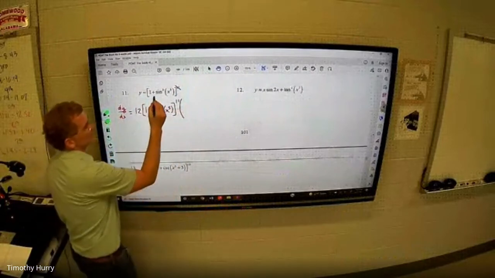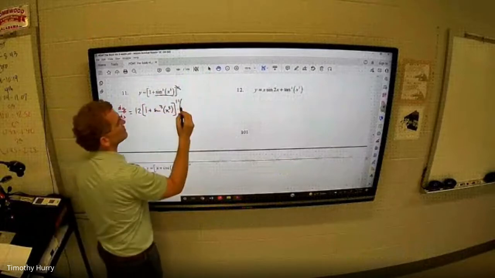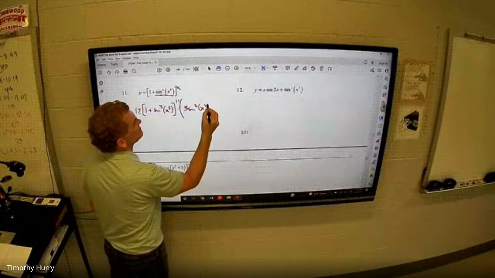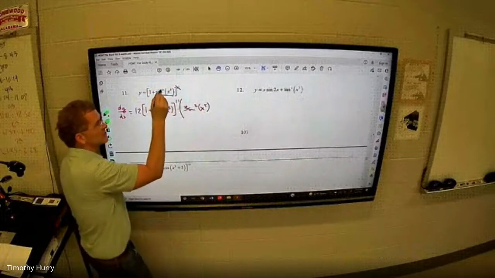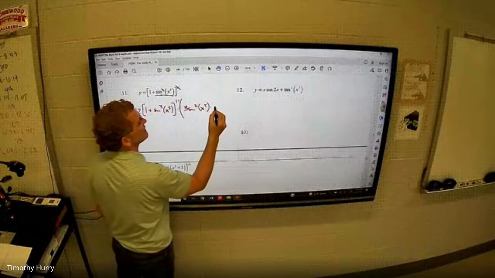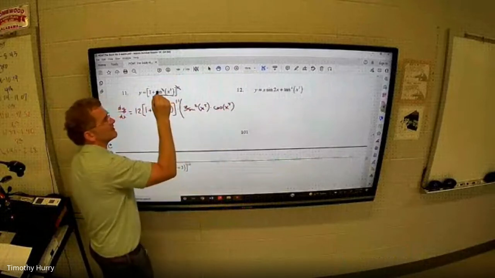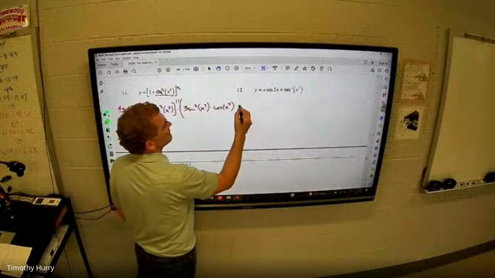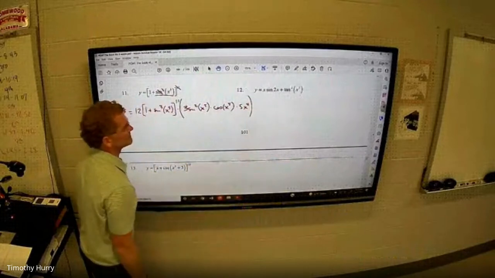And I move on to this part. What is the derivative of that? 3 sine. So I start with the 3 and go 3 sine squared of x to the 5th. But all I did in doing that was deal with the 3. So then I move to the sine part. The derivative of the sine part is cosine of x to the 5th. And that takes care of that. And then finally, the derivative of x to the 5th is 5x to the 4th. And then I end that big parentheses.